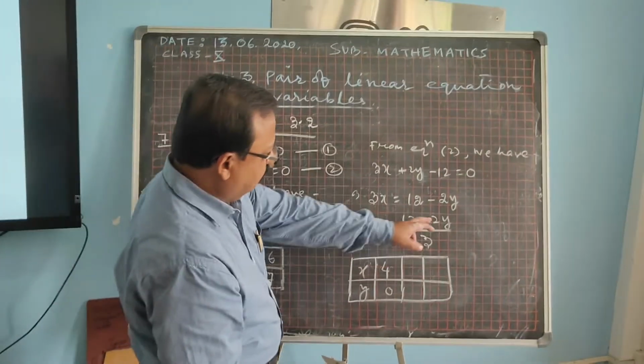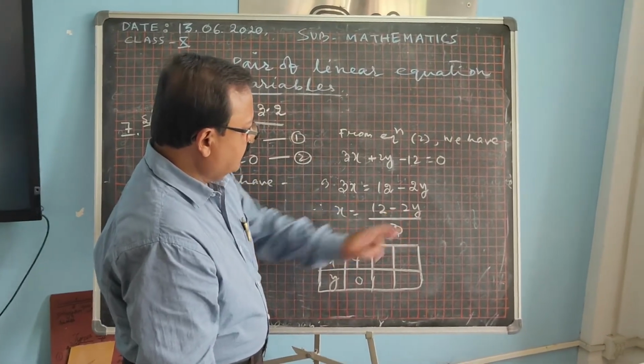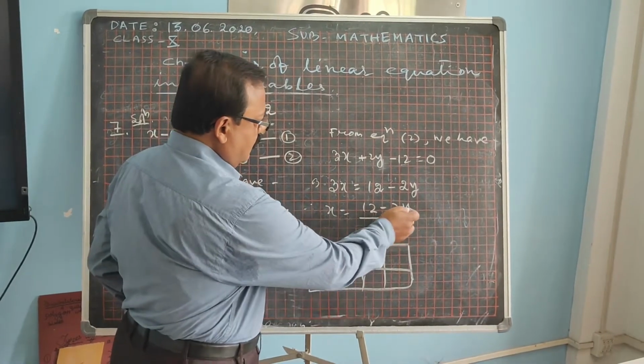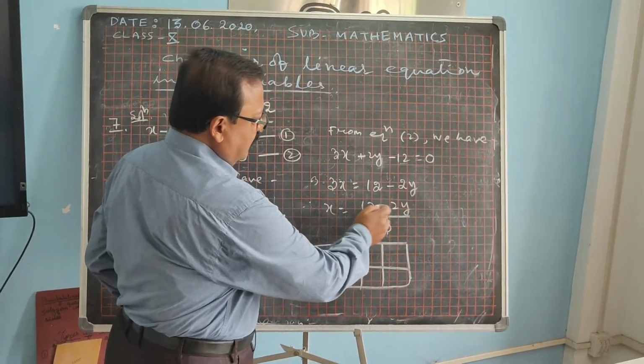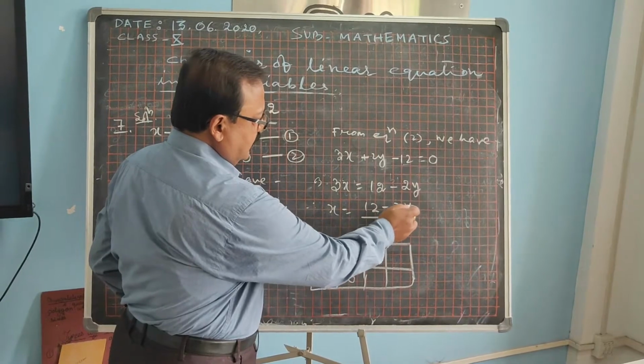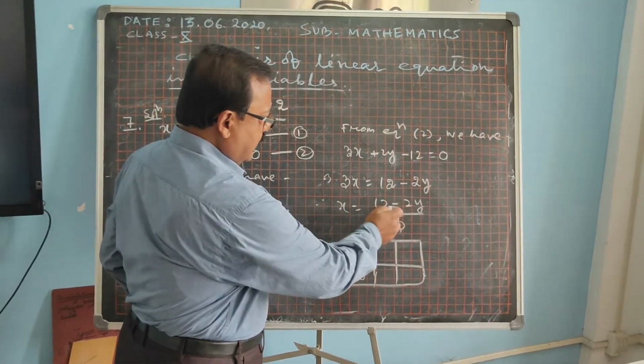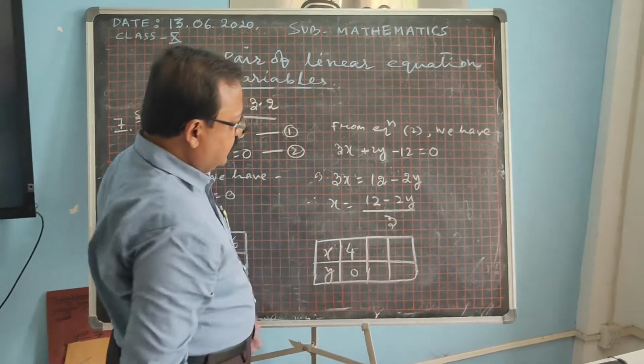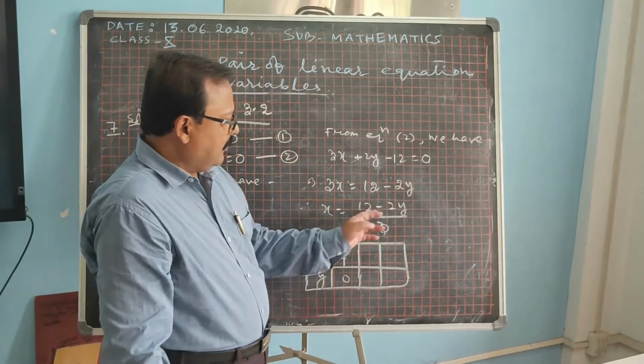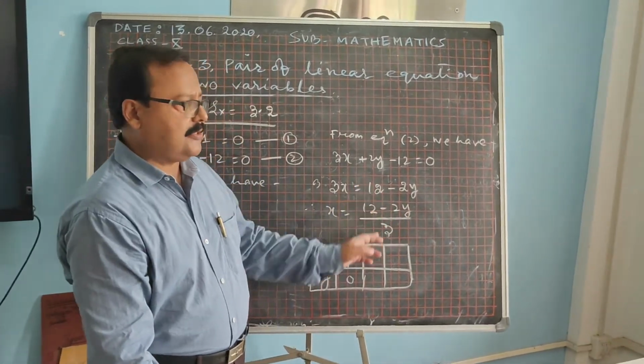Then in this way you can put another value. Suppose you put y equal to 3, then 2 into 3 is 6, so 12 minus 6 is 6, divided by 3, x is 2.